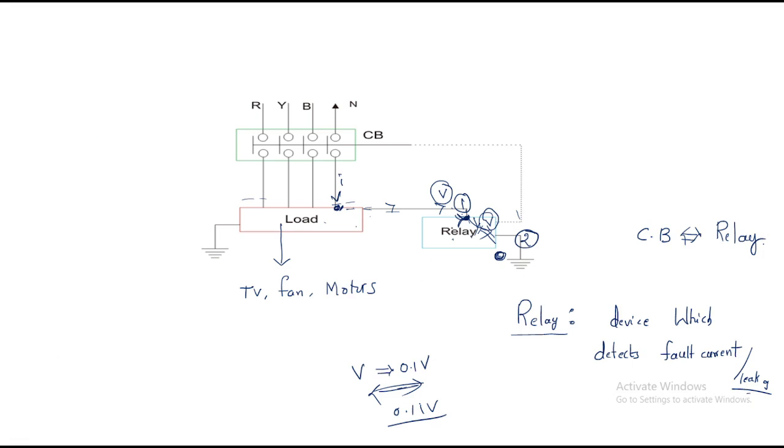The current produced from the relay activates the circuit breaker, which trips. Tripping means simply off, and the contacts will be open.